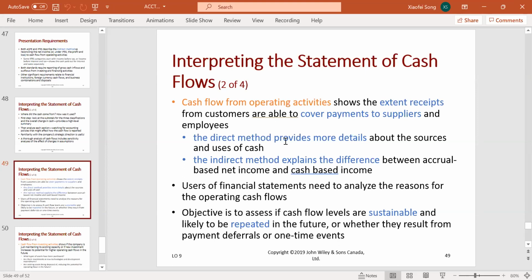The second group of adjustment is the gains and losses from sale of PPE, for instance, or from retirement of debt, and so on and so forth, because these are not operating cash flows, right? These are really underlying investing and financing activities, so the cash flow will go to those sections.